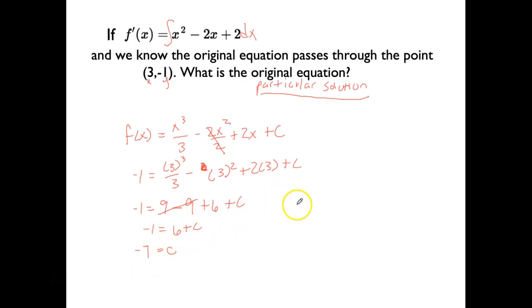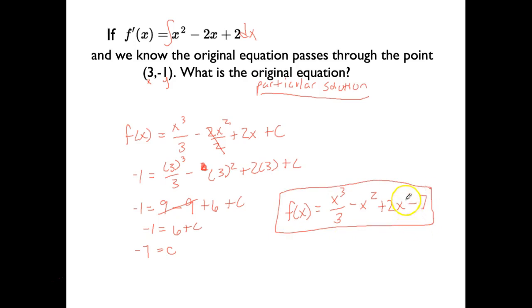My particular solution is my answer, which would be the actual function written out with that there. Okay, this is my original function, x cubed over 3 minus x squared, because those 2's canceled out, plus 2x minus 7. That's what my c is. It's negative 7. And that is the particular solution.